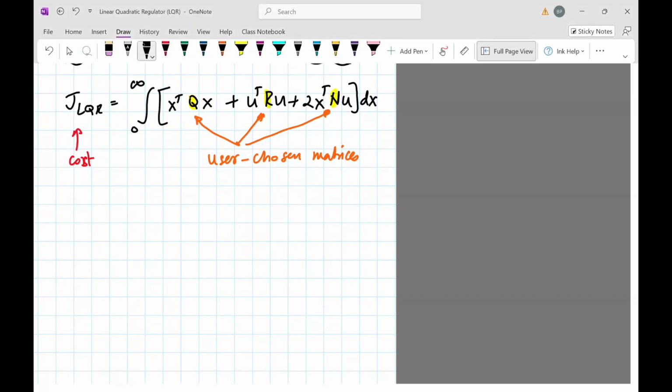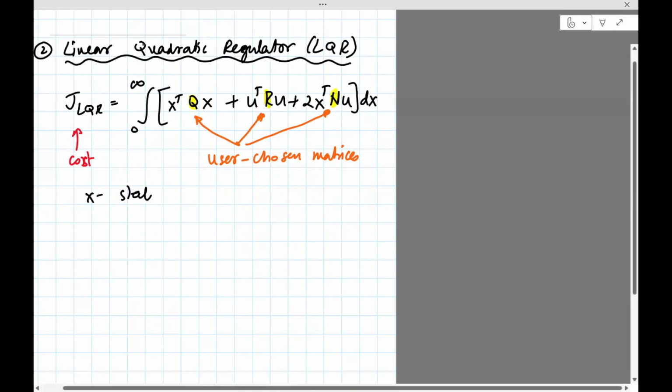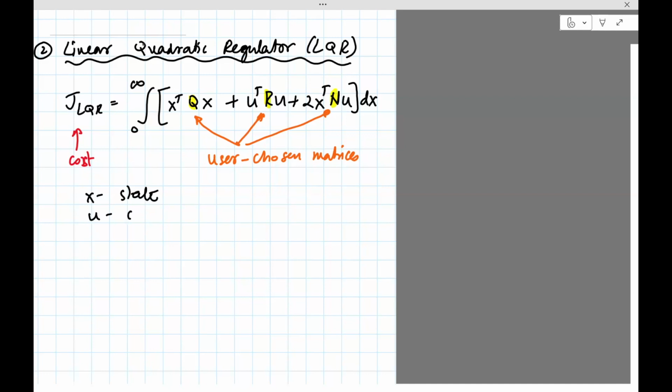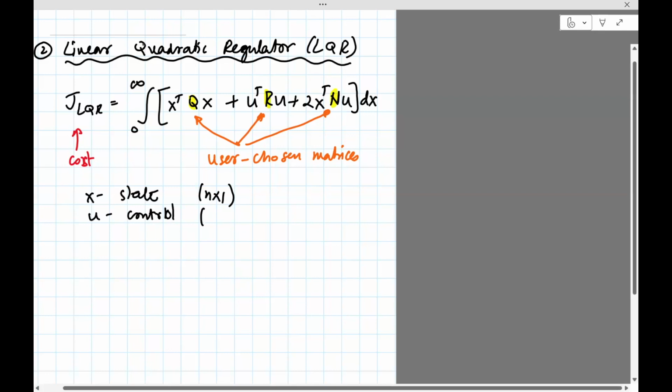X is the state. U is the control. We'll assume that the state is n cross 1, and the control is m cross 1 like before. So you can see that Q would be n cross n, right?